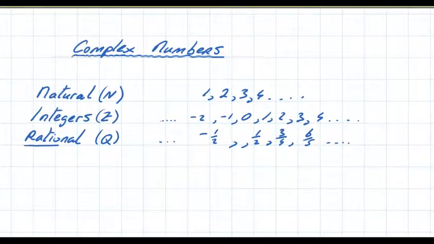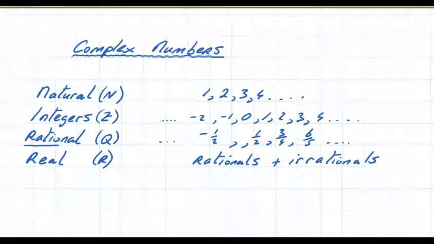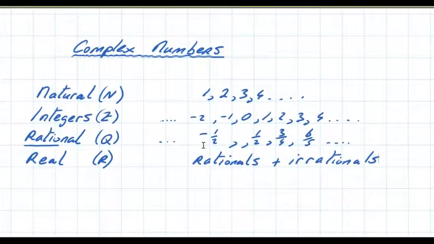Okay, moving on from there, we have the real numbers. Now, the reals are defined as all the rationals, everything so far basically, plus the irrationals. And what I mean by everything so far is this as well, we can't forget, of course, the rationals, simple ratios.